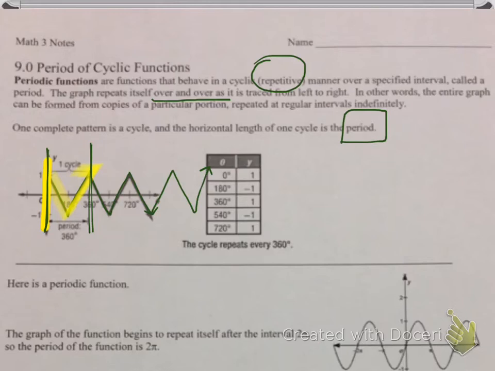If we started at 0 and ended at 360 degrees before it starts repeating, our period would be 360 degrees. It's the interval on the x-axis before it starts repeating the same pattern over and over again.